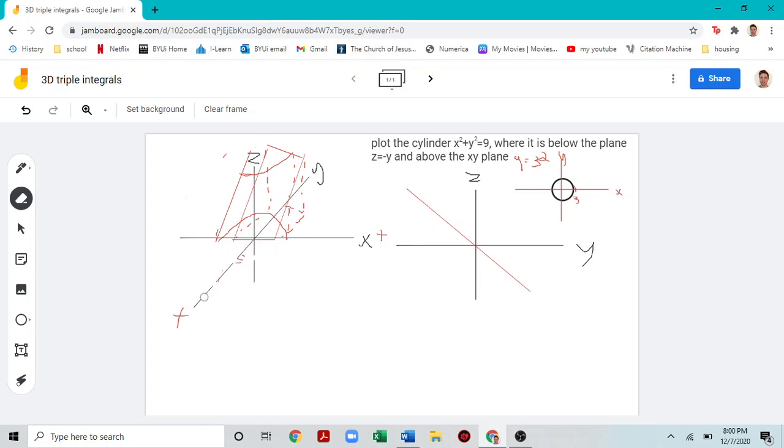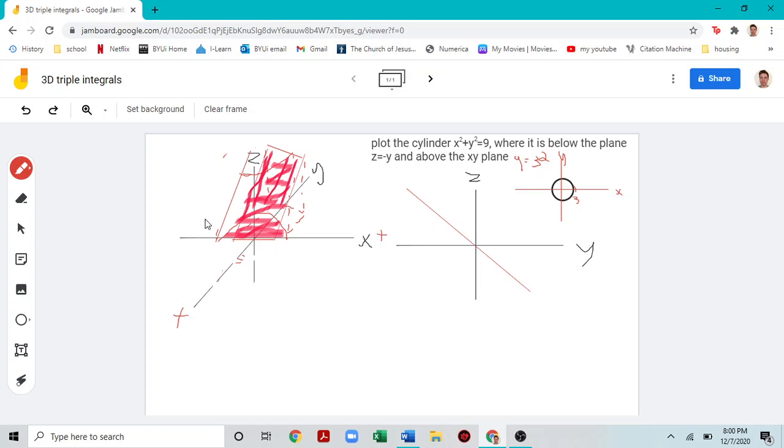So it's going to look something very similar to that. So now I guess I'll try to shade it in. It's still really hard to see and really visualize, but I hope that can help a little bit.